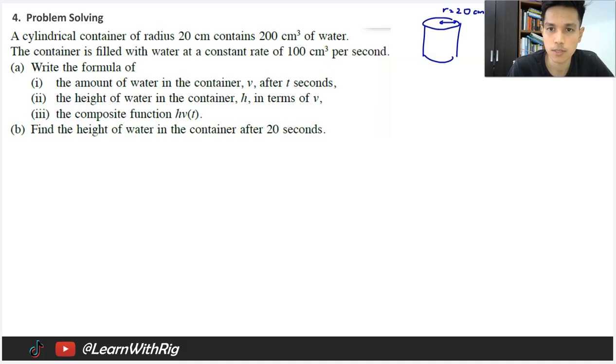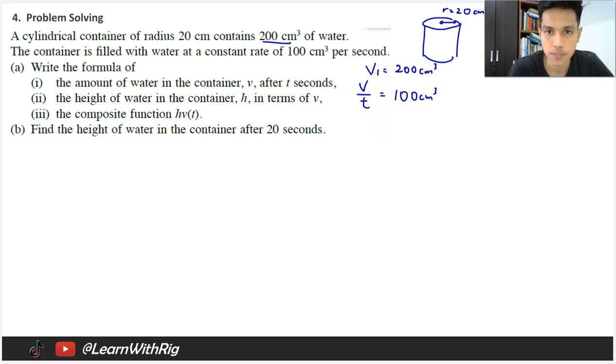So you know that the initial volume, V1, is equal to 200. So you have 200 cm cube, and as you add water into the container, the rate is what? V over T is equal to 100 cm cube. Why did I write this?